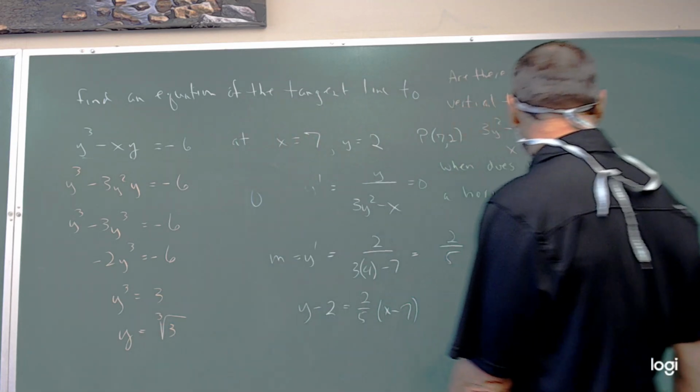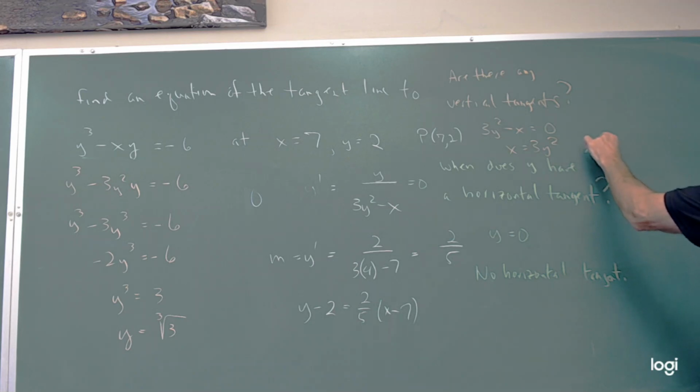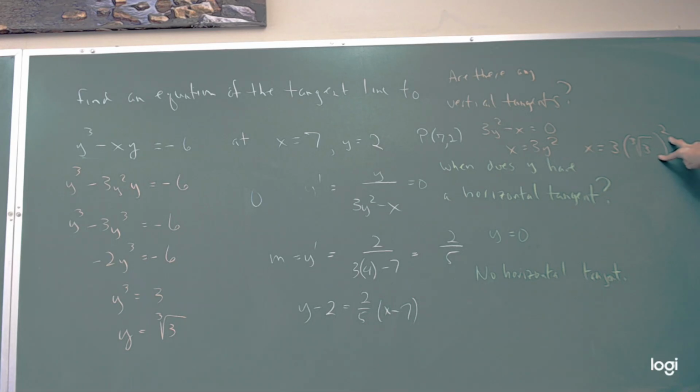I think we had x was over here, right? So we could say x is going to be 3 times the cube root of 3 squared. What's the cube root of 3 squared? Tough question.